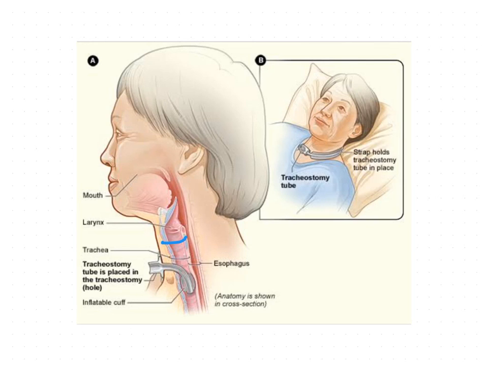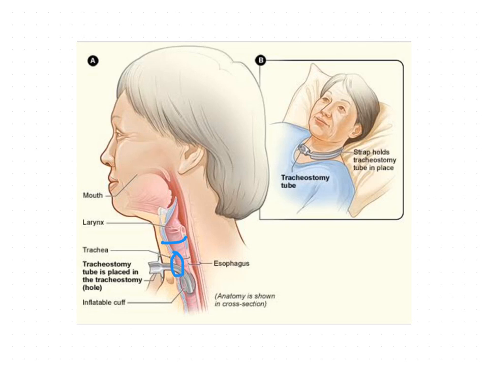So here any obstruction is there, but air is not passing towards the lung. So it is an emergency operation which is done to relieve the complete obstruction of the respiratory tract at the laryngeal level. Here you can see, a cut is made here.